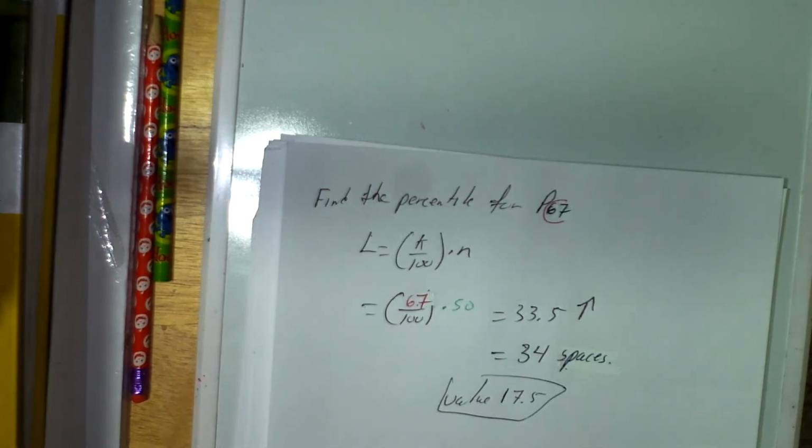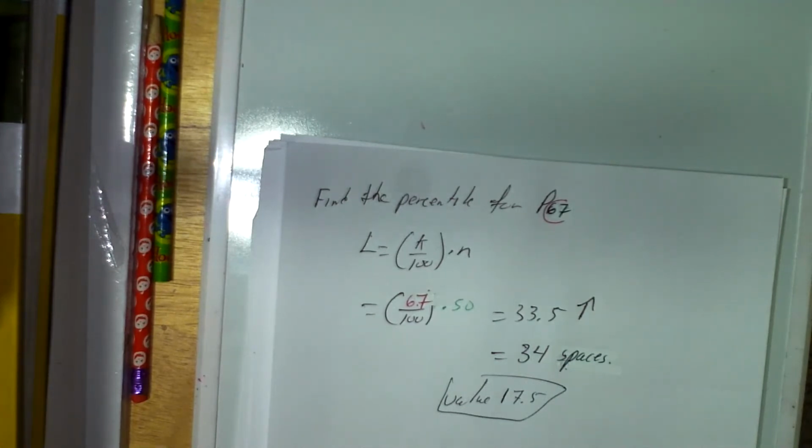Let's pick another one. Let's do P. I don't know, what do we do? P 50 something? P 58. Or no, we're gonna do an odd.